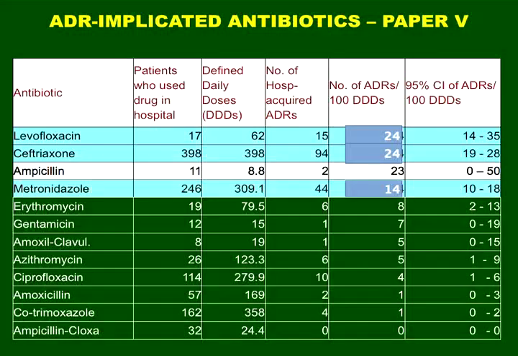And we observed that levofloxacin and ceftriaxone had the strongest signals, as well as metronidazole, and which were statistically significant. We would be quick to point your attention to levofloxacin, because despite its low consumption, it still showed that it was high risk in this population.